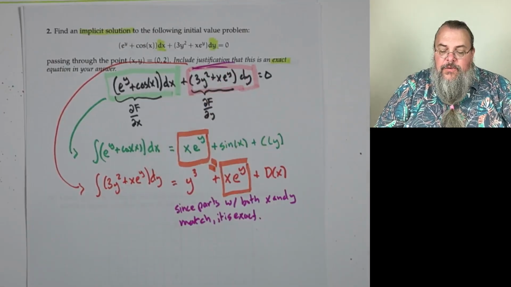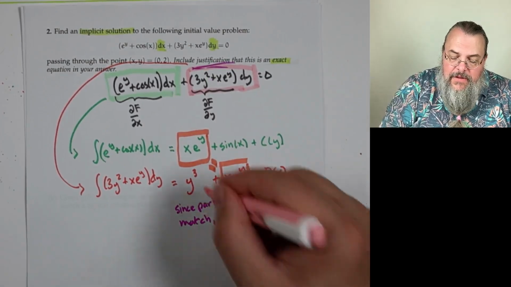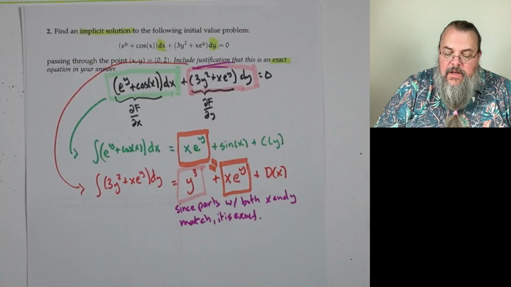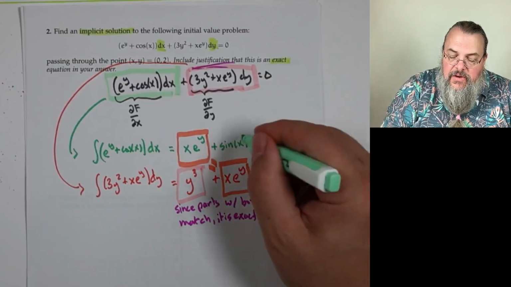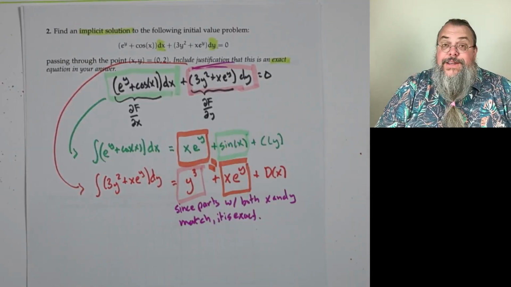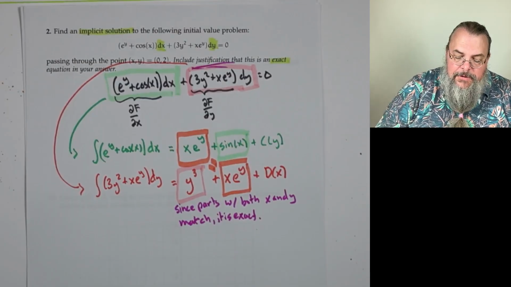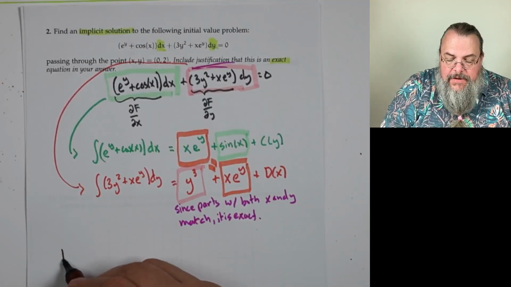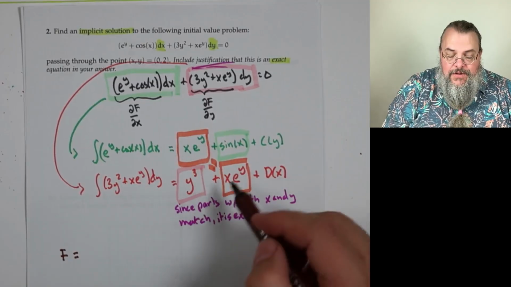Okay, so we have those parts, but we have some other parts, right? We have the y cubed part, and we have the sine x part. So, what is f? And here you go. You do the following. So our function that we were after, f, is the overlap, okay?